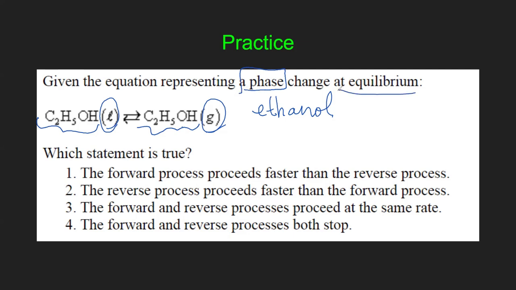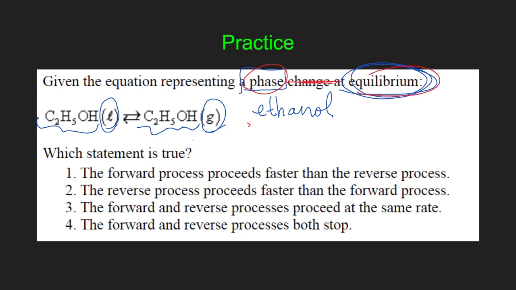What's true of all equilibria, regardless of the type of equilibrium shown in the question? This is one of those things they do on Regents exams where they make it seem like the question's about a specific example, but it's not at all about a specific example. How do I know that? Well, first, they told me that this is a phase equilibrium, right?